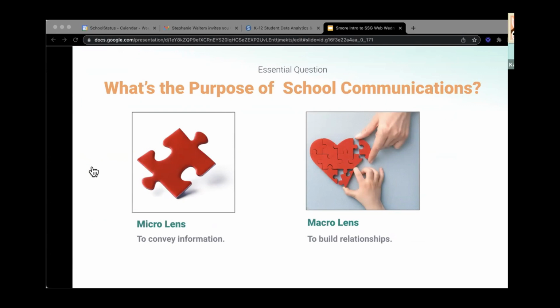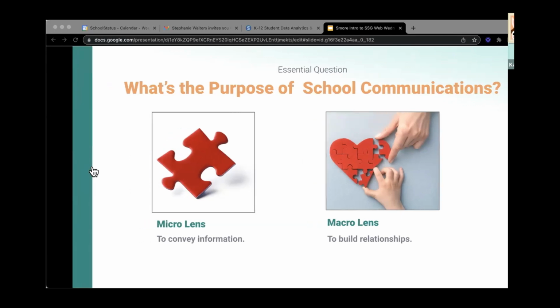To stay in touch, two people have to be in relationship together. One person can't be in touch with someone by themselves. It's a two-way street. So what we're talking about with school communications is staying in touch with home adults all year long and using updates as one vehicle for being in relationship with them.